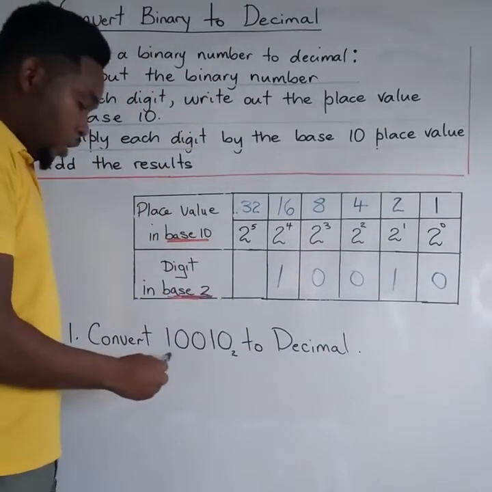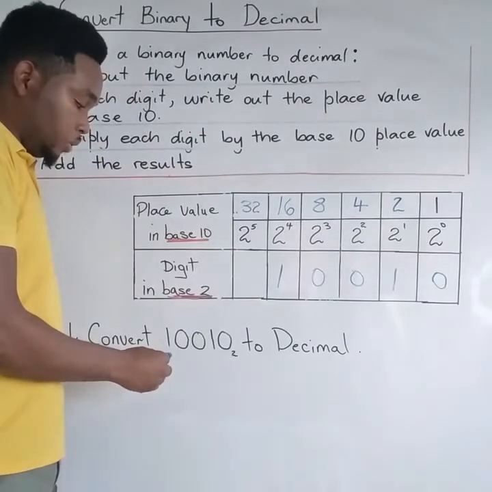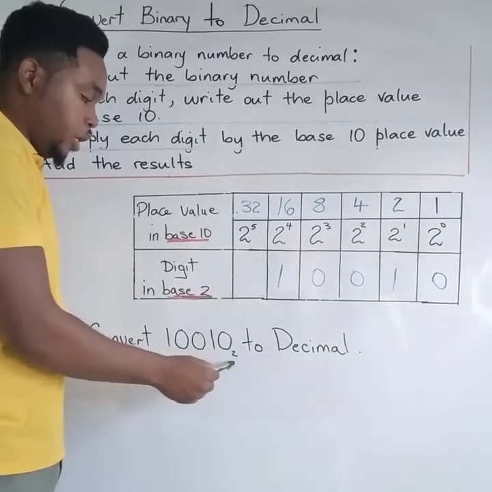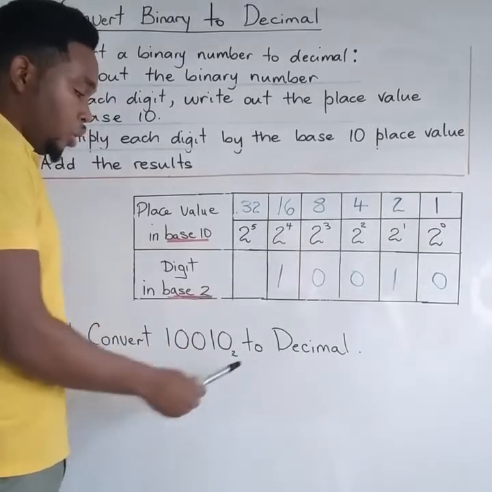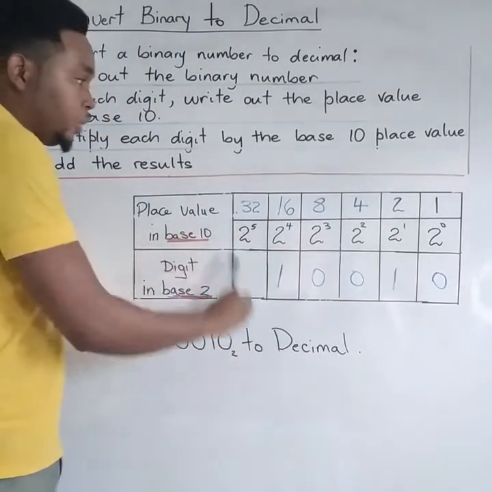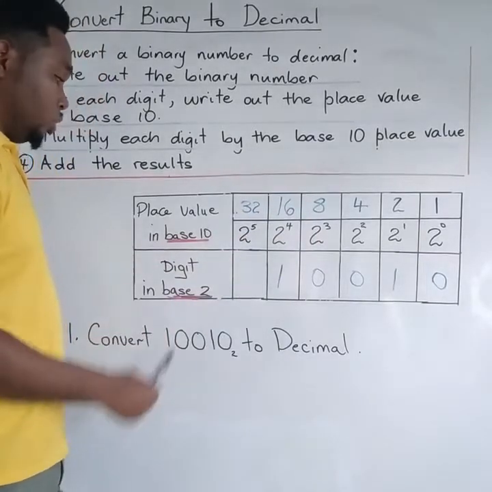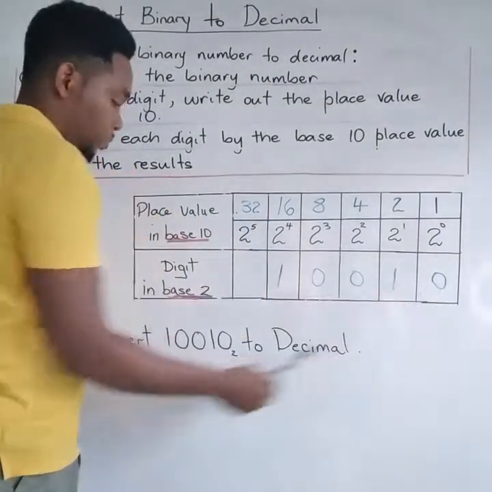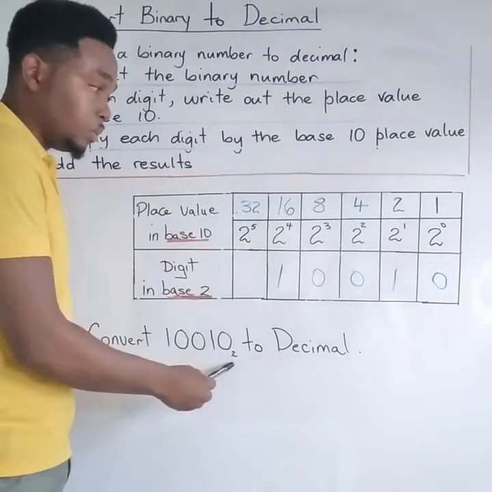Remember that we had our binary value, 10010 in base 2. We're going to convert it to decimal. So we create a simple table here to illustrate. At the bottom, we put in our binary values.